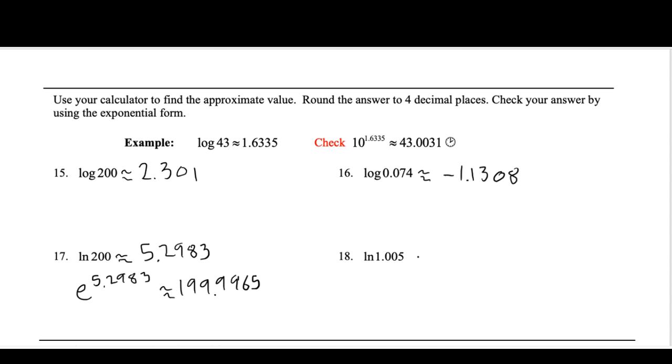Not obvious what that is, but if you plug it into your calculator, you would get about 0.005 as that result. Okay. So those keys on your calculator can be really handy for helping with logarithmic expressions.